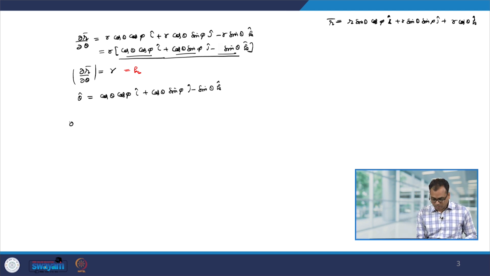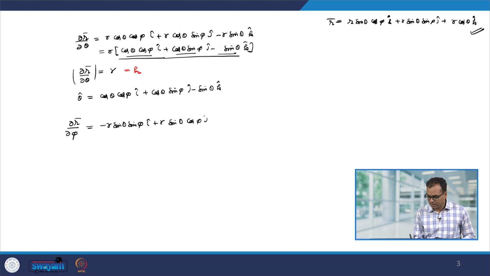Now, let us find out del r over del phi. This should give you a unit vector along the phi direction. So, again let us use this and differentiate it with respect to phi. We have minus r sin theta sin phi i plus r sin theta cos phi j.